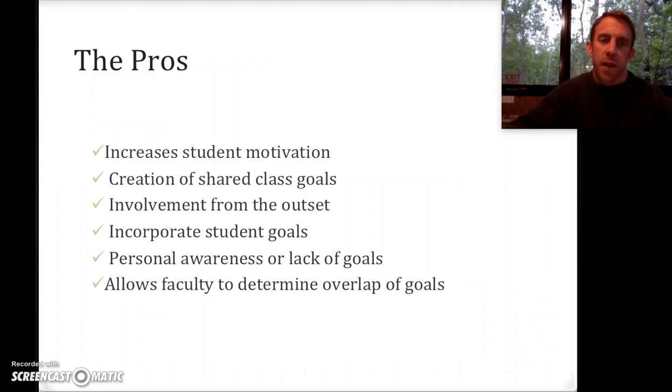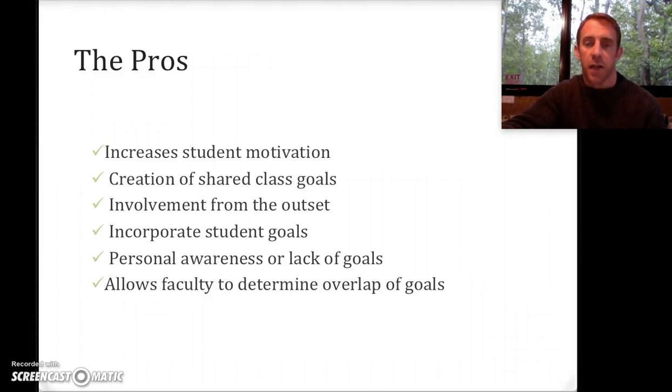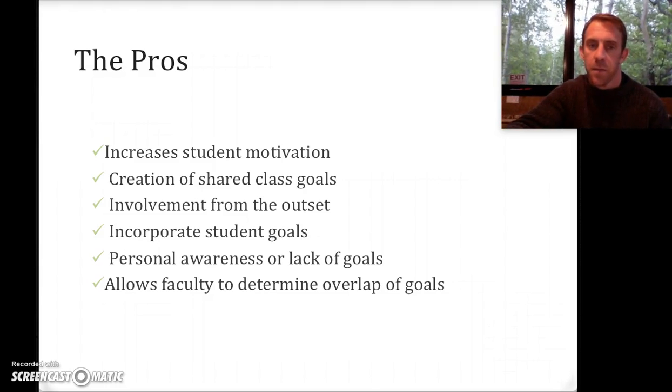So the plus points to this particular technique are that it increases student motivation, especially if they're seeing that their goals directly correlate to the instructional goals, and they can see that what they're doing is relevant, and they've almost got an input into the actual course itself. You can create shared class goals through collecting this data, this information.